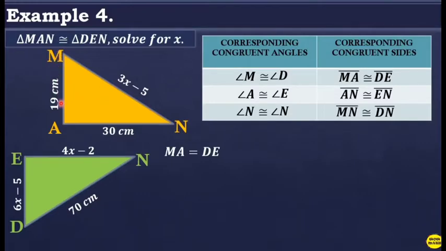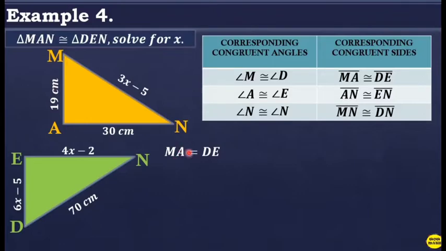MA is congruent to DE. Therefore, these two sides of congruent triangles are congruent, I mean equal. Since they are congruent, the measures of these sides are also equal.